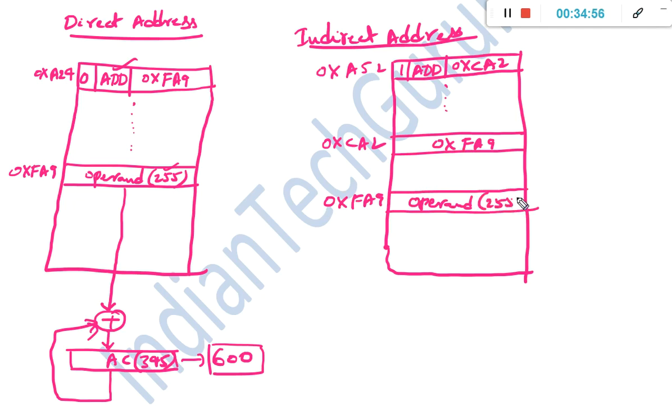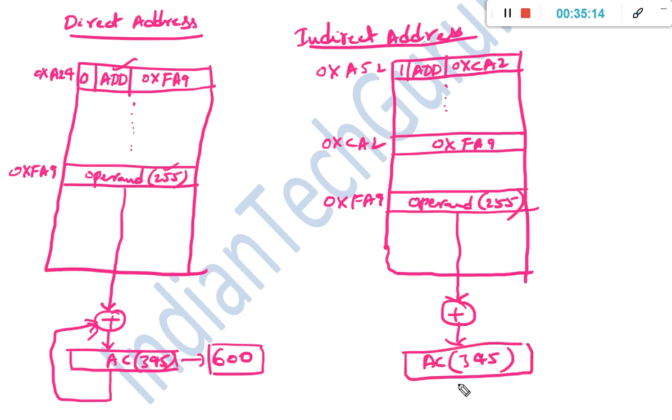The operand is 255. Now this operand must be added to the accumulator register. The accumulator register already contains a value, for example 345, and the operand will be added to it, and the result will be stored once again in the accumulator register. So like this the operation is carried out if it is an indirect address mode.